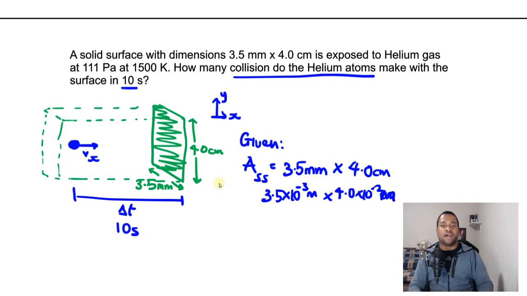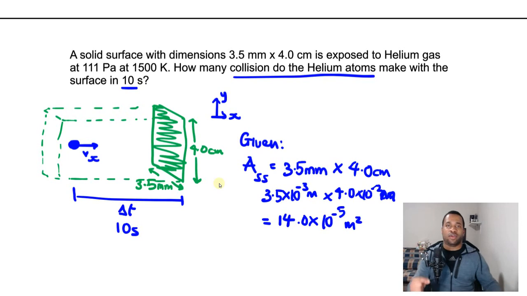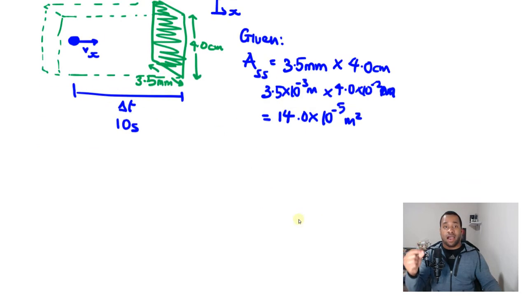Our answer will be around 14.0 times 10 to the negative 5 meters squared, and this is our area for the surface that our particles will be colliding with.